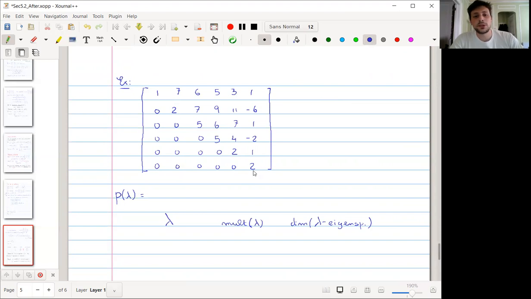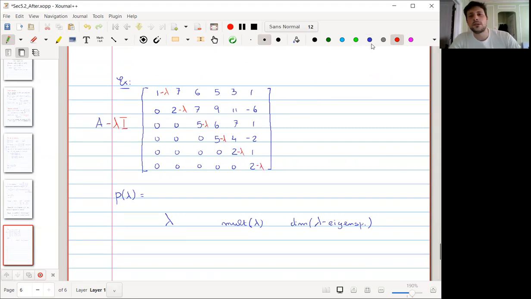The characteristic polynomial of an upper triangular matrix is actually very simple to compute, because if this is your matrix A, I can write A minus lambda times the identity by just subtracting lambda from all of the diagonal entries. In other words, A minus lambda times the identity is also upper triangular. So when I compute the determinant, that's just the product of all these.